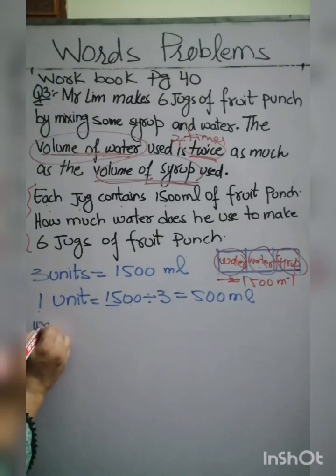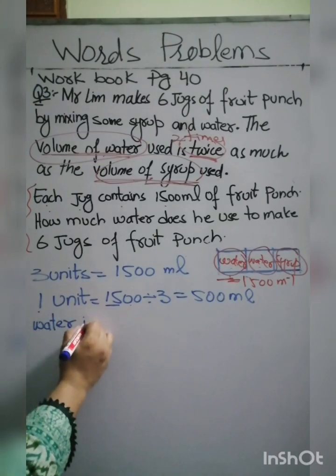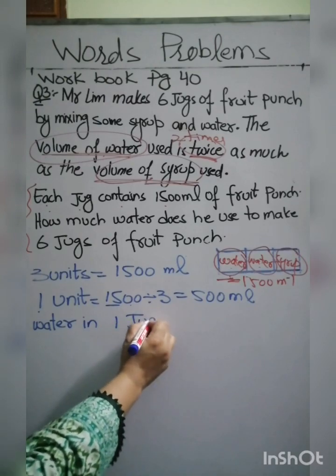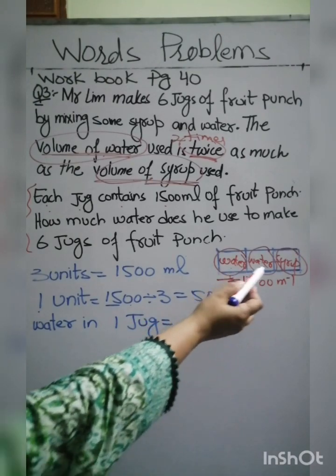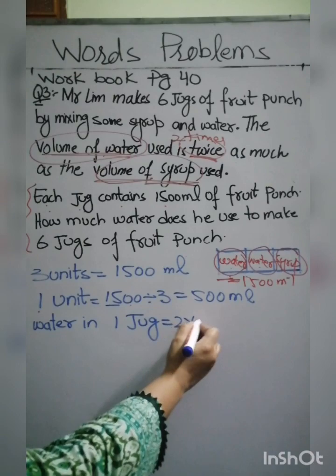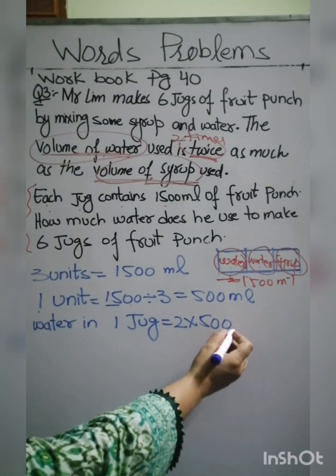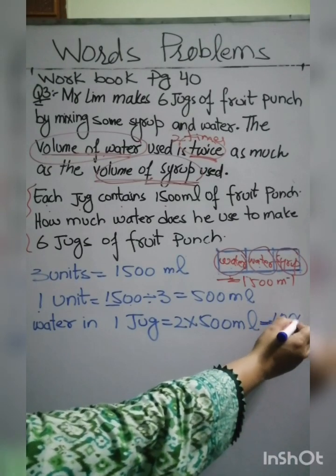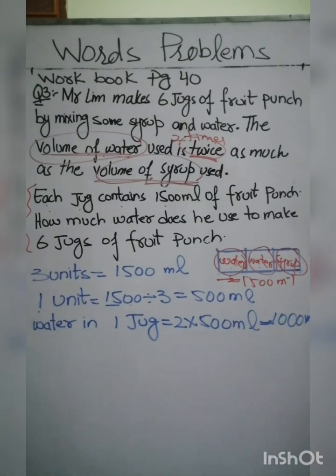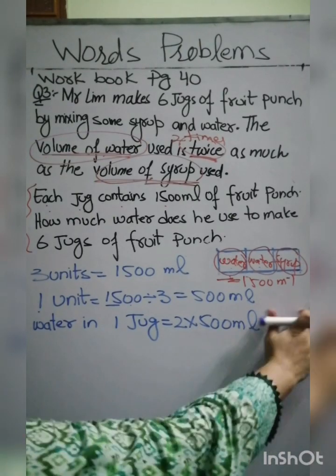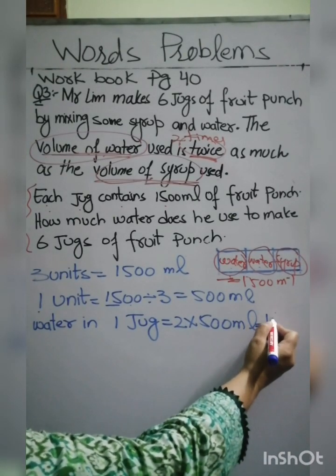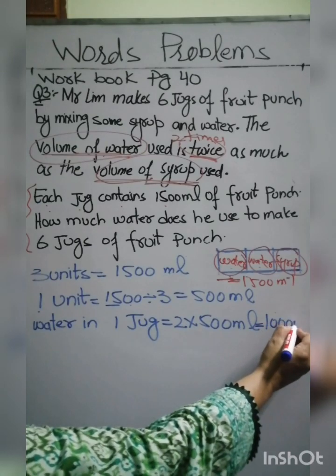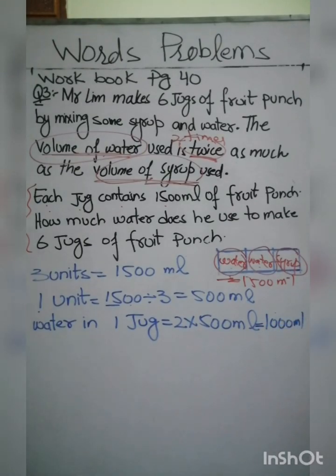Water in 1 jug: because here we have 2 times water, we multiply 500 ml by 2. Then we get 1000 ml.